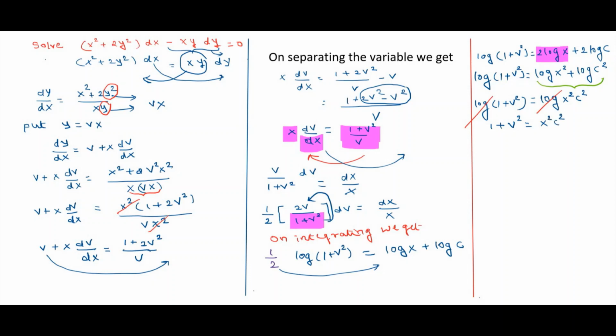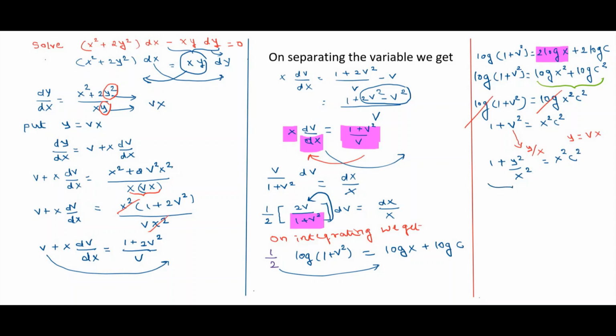Now substitute the value of v. We have taken v equal to y by x, because y is equal to vx, meaning v is equal to y by x. If we substitute, you will get 1 plus y square divided by x square. v square is nothing but y square divided by x square, and this is x square into c square.